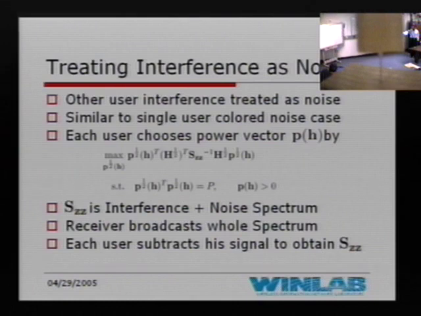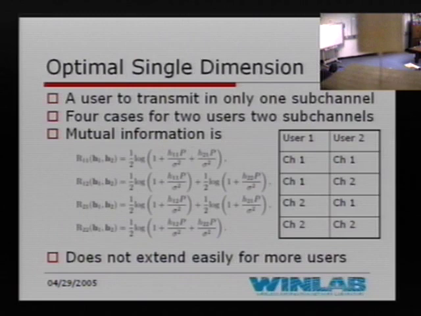And if you talk about the implementation issues of this scheme, this can be done by the receiver broadcasting the entire spectrum to all the users, and since each user knows what he is transmitting, he can just subtract it from the entire spectrum to get his own noise plus interference. So this is the second heuristic.